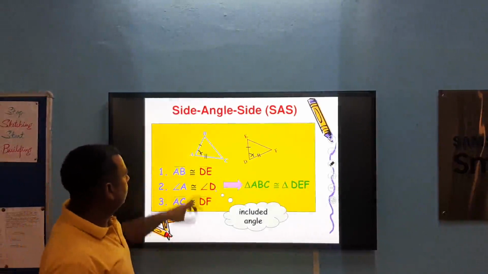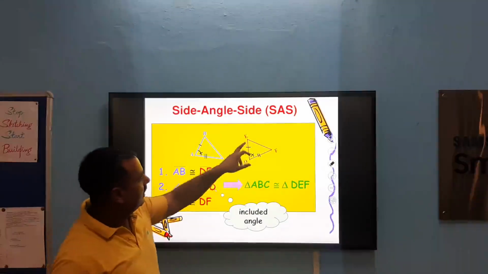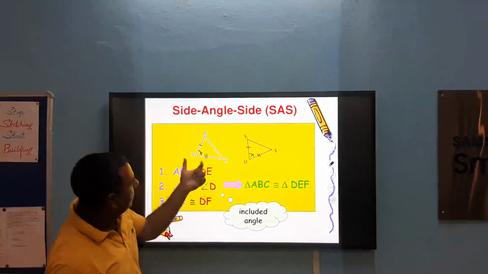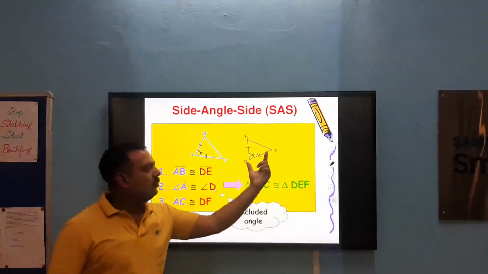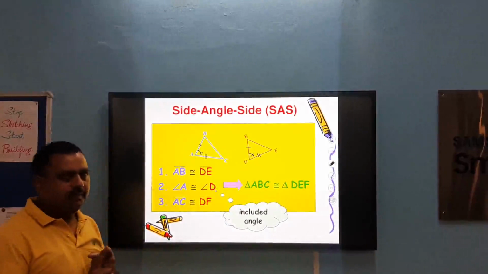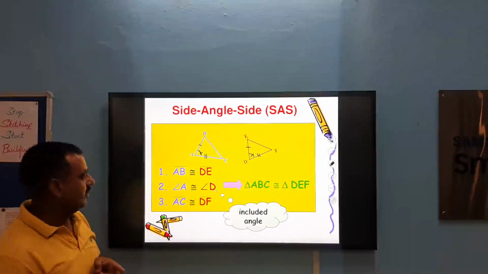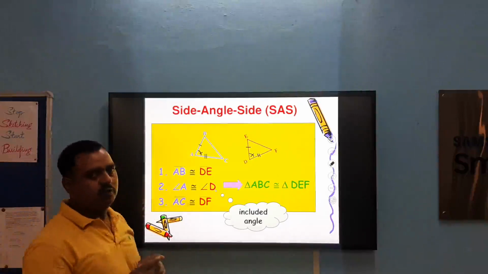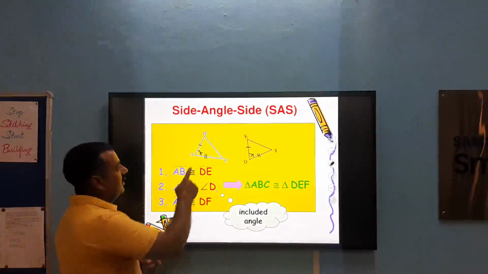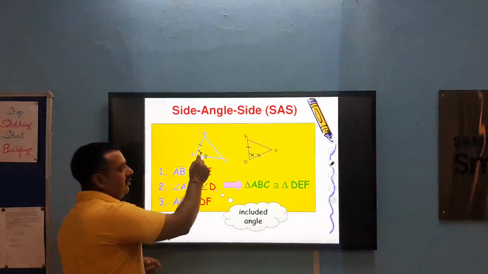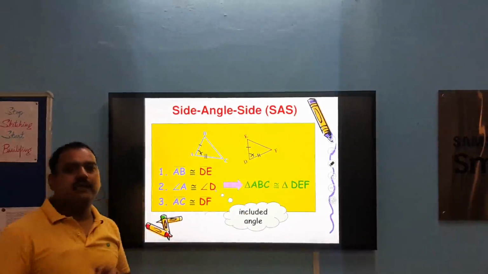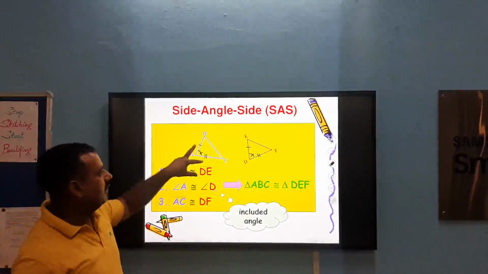In this diagram, triangle ABC and triangle DEF are represented, and side AB is equal to DE, side AC is equal to DF, and the angle between 2 equal sides. This is the point which we have to remember always, that the angle which we have to show equal must be in between the 2 equal sides.